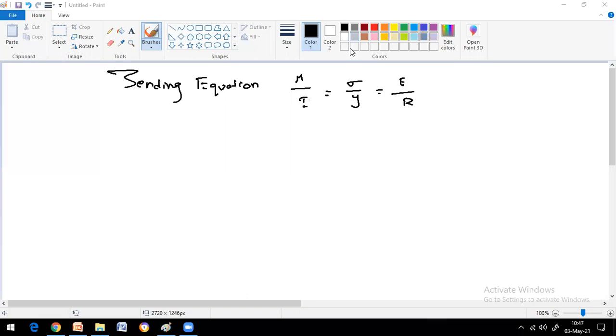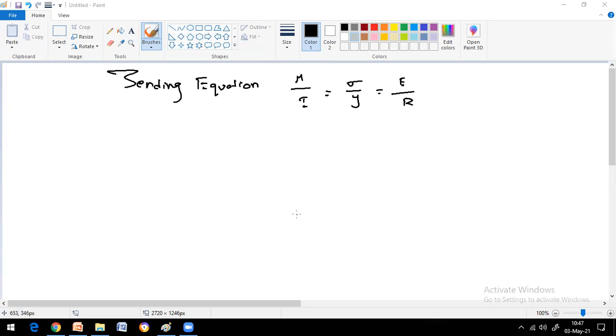there are a few derivations which are not required for you. Why? Because in curved beams a lot of mathematical things will be involved. So here, straight away, we will write down formulas for a curved beam having a rectangular cross section, and different cross sections like a triangular cross section, T cross section.